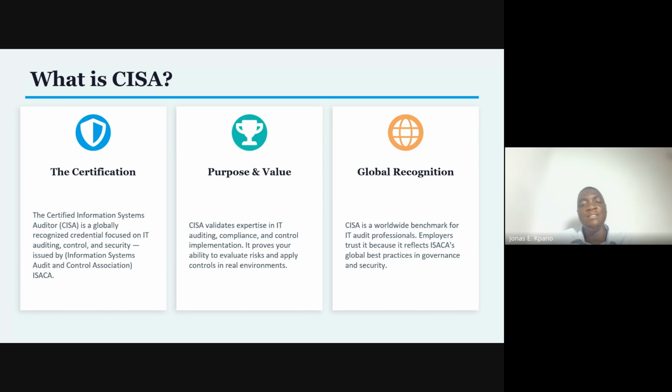CISA validates expertise in IT auditing, compliance, and control implementation. It proves your ability to evaluate risks and apply controls in real environments. CISA is a worldwide benchmark for IT audit professionals. Employers trust it because it reflects ISACA's global practices in governance and security.